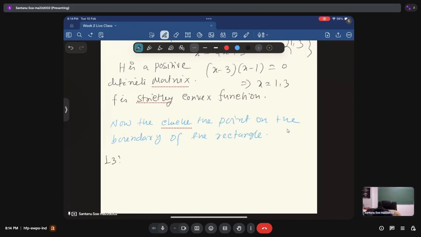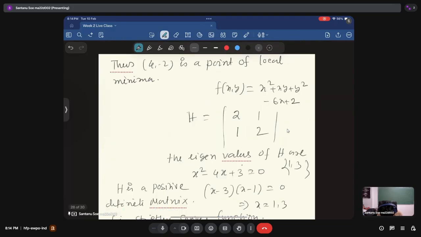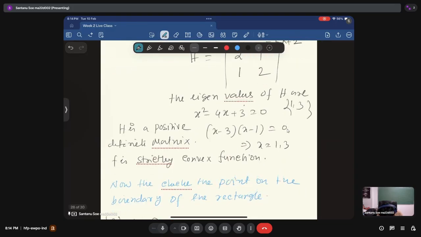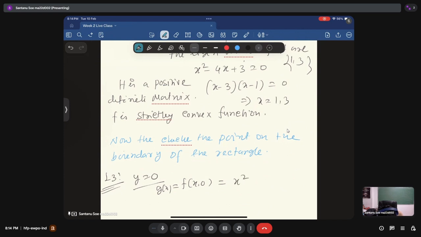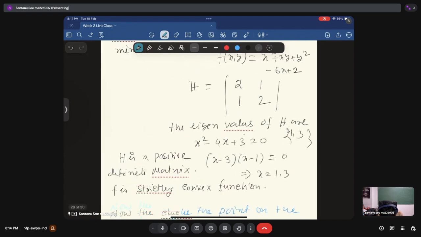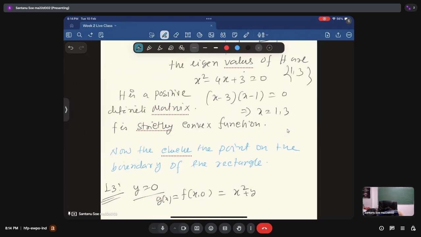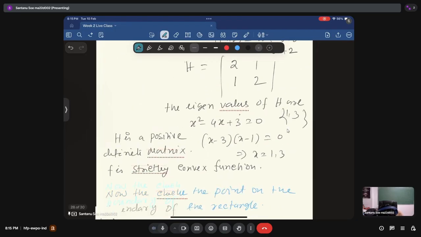So for this straight line, y is 0. So now if you just put y equals to 0 in the function f of x, 0, this is going to be a function g. So this will be x square plus, the y will be 0.